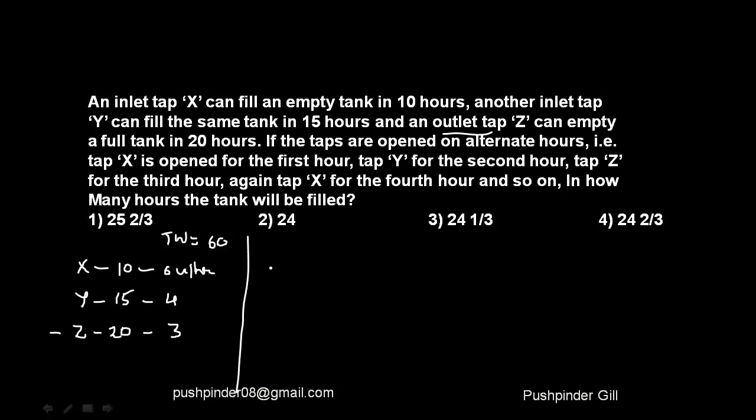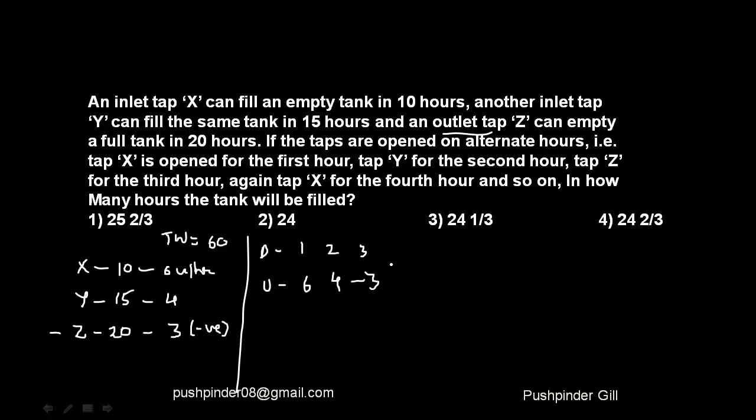Now let's see. These are the number of hours and these are the number of units. So this is -3, right? This is negative. On the first hour, it's the turn of X. He fills 6 units. On the second hour, it's the turn of Y. He fills 4 units. On the third hour, Z empties 3 units.